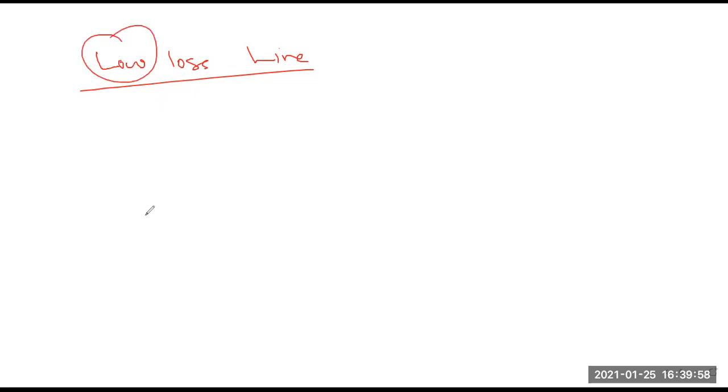I may have a totally different interpretation of the word low compared to any other person in the world. So we need to be sure that everyone is using the same benchmark, so that we can say that this transmission line is low loss or it is of heavy loss.